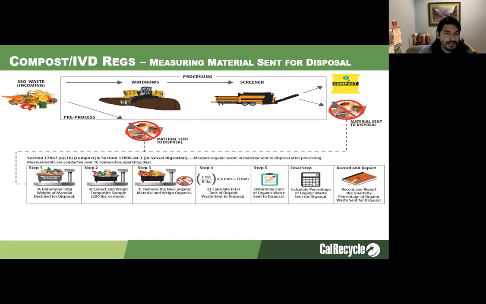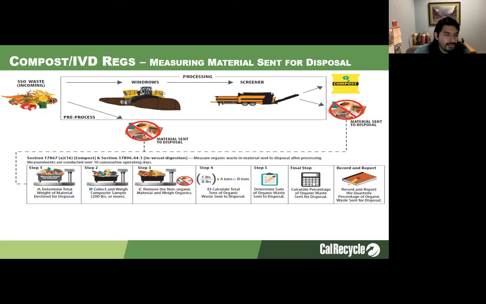So of this material, there needs to be a random and representative sample taken. And this is the same protocol as the measurement of organics in material sent for disposal for transfer processing facilities and operations. They take a sample of at least 200 pounds or more.